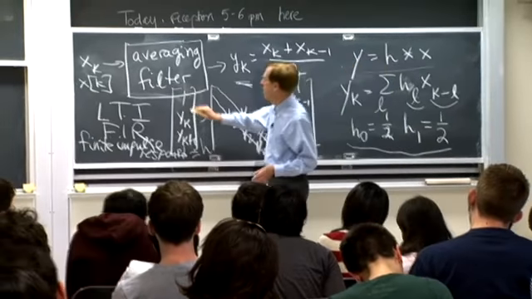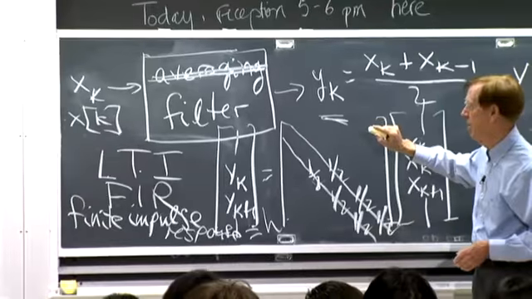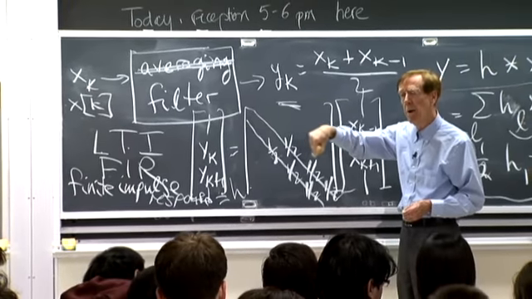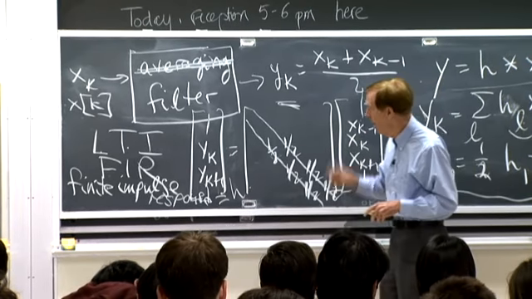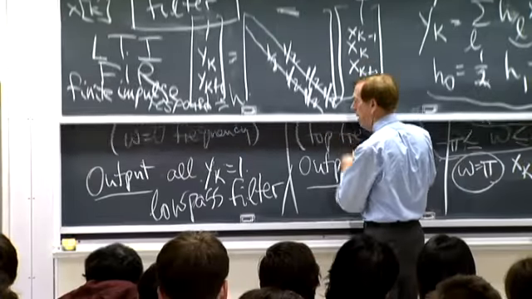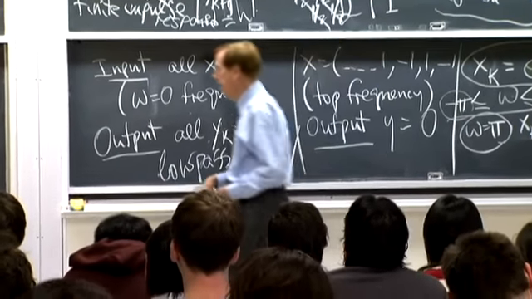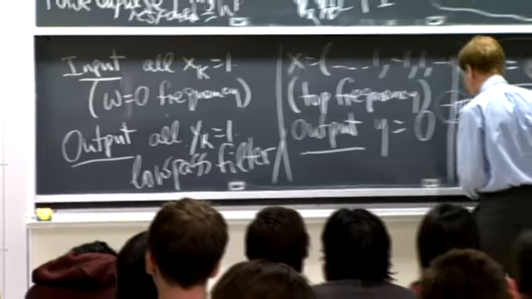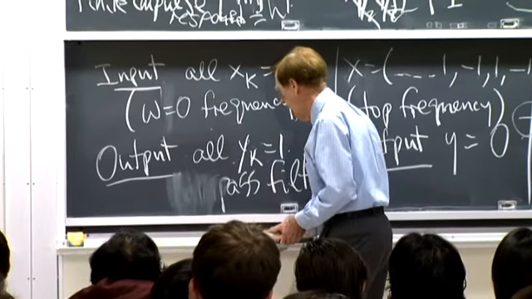I'm now going to do a different filter. That's going to be a high-pass filter. And what do I mean by that? A high-pass filter will kill the x_k equal 1. I'm going to change a lot of things. I'm now going to produce a high-pass filter.